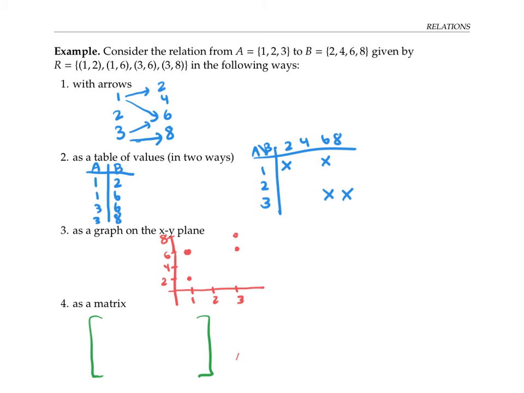This representation is similar to the table representation here, except instead of X's, I'm going to put ones and zeros. As with the table, my rows are going to correspond to elements of A, and my columns are going to correspond to elements of B, and I put a 1 if the corresponding ordered pair is in my relation, and 0 if the corresponding ordered pair is not.